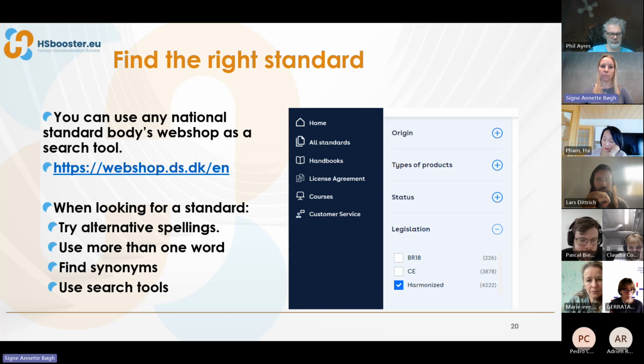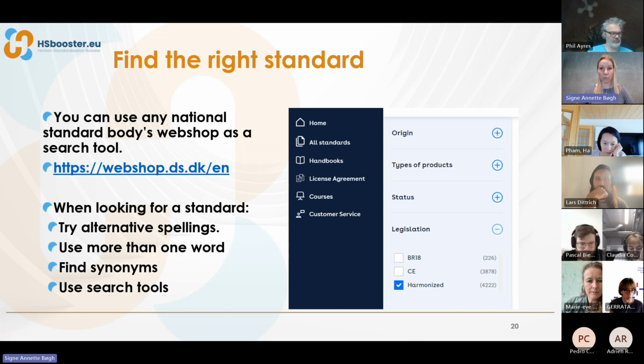So first of all, these are, I guess, basic search tools or basic search ideas that you know from Google, many of them. I'll just let you know anyway. One of them is, for example, if you're looking for a standard, try different ways of spelling something. Something can be spelled with an S, something can be spelled with a C, and so on.